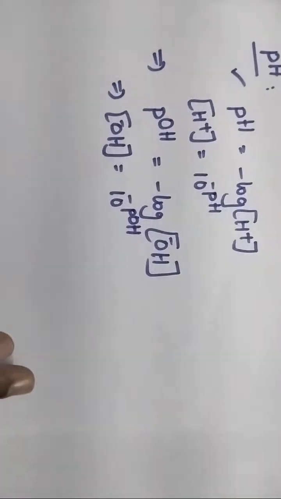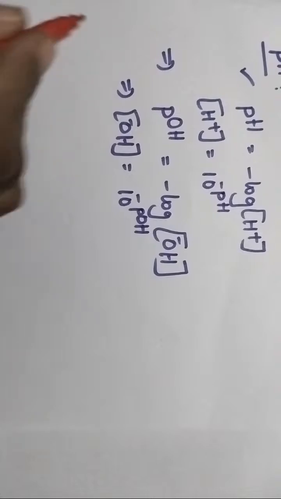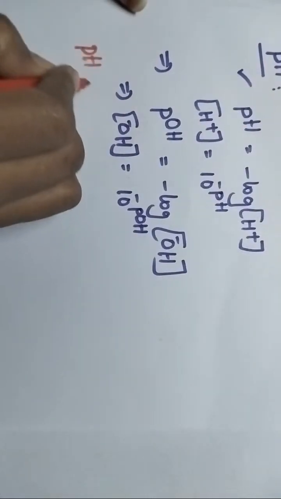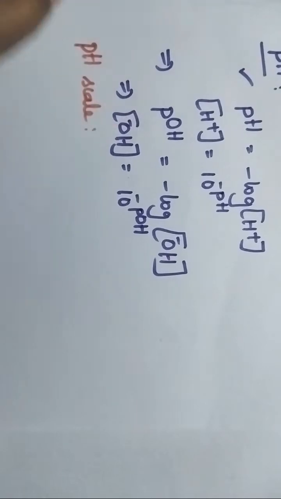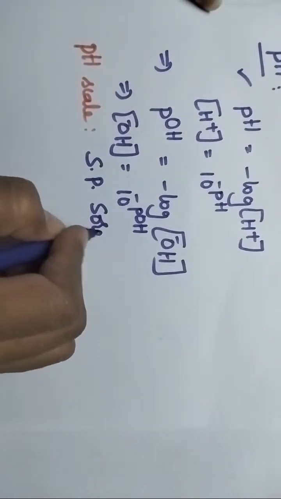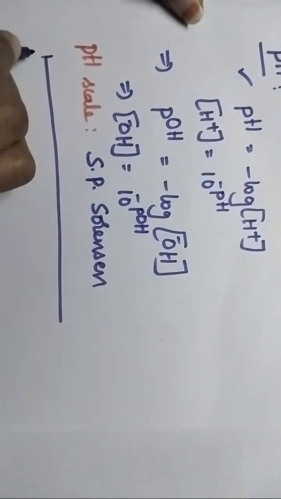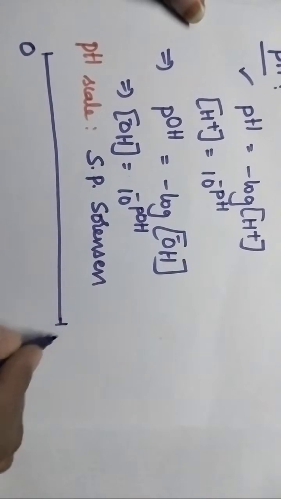Clear? And coming to the pH scale. pH scale was introduced by S.P. Sorensen. It always extends from 0 to 14.